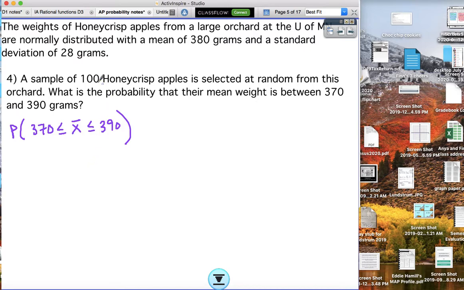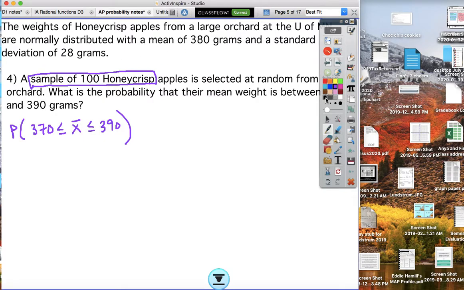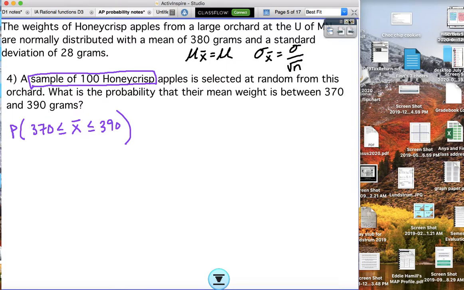Okay, I have a sample of 100, so that is going to matter. Because I have a sample, I'm going to be needing to use those formulas like this. But I am not allowed to use those formulas unless the conditions are just right. So the conditions, again, were that the population needs to be more than 10 times the sample size.